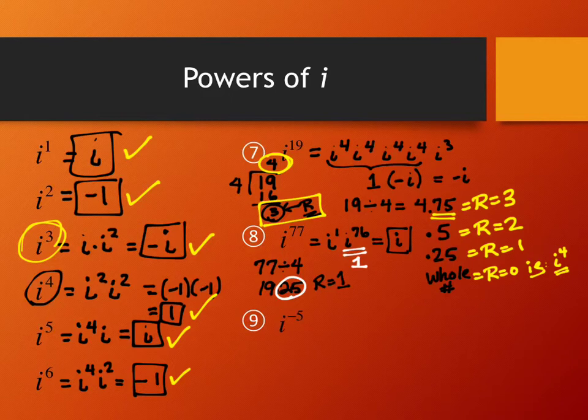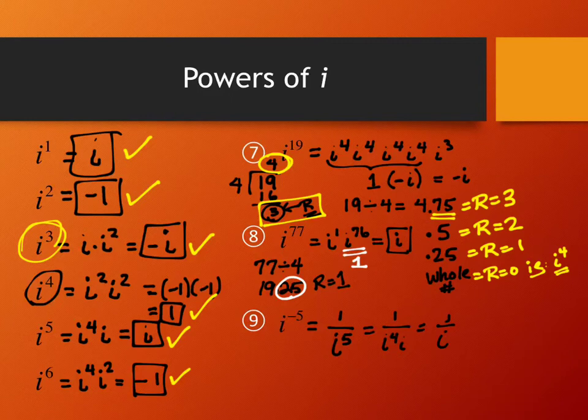The number 9 is a little bit different. We've got a negative exponent. The negative exponents aren't too bad. You guys know how to change negative exponents into positive exponents. We simply write them as a denominator. So this would be 1 over i to the 5th. Well, i to the 5th is i to the 4th times i, or just i, right? We've already done that one today. So this is 1 over i.